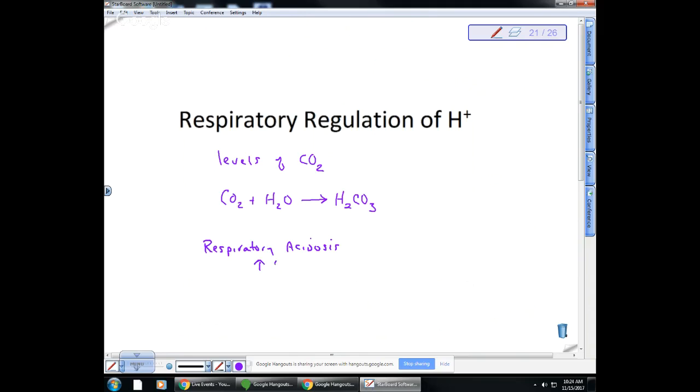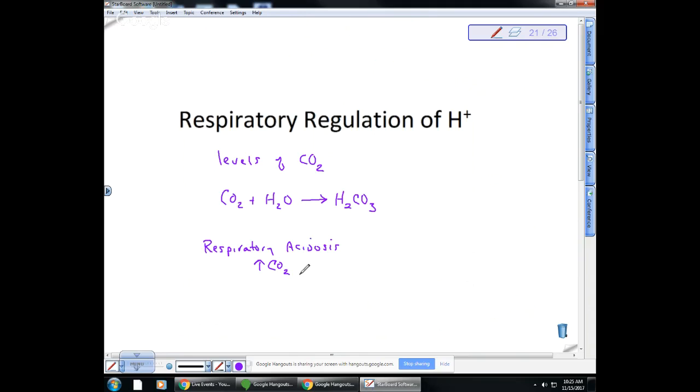So this would be high levels of CO2. What that means is that you're not breathing and you're not getting rid of enough CO2. This can be a problem if, for example, you have lung disease and are not able to get rid of the CO2 fast enough as it's being produced.